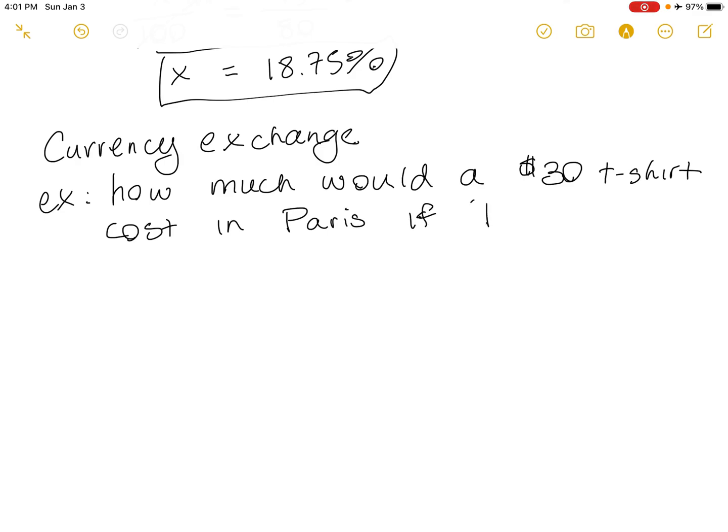if $1 Canadian equals, not dollars, I'm so bad at drawing the euro sign, but it's something like that, 0.62 euros.